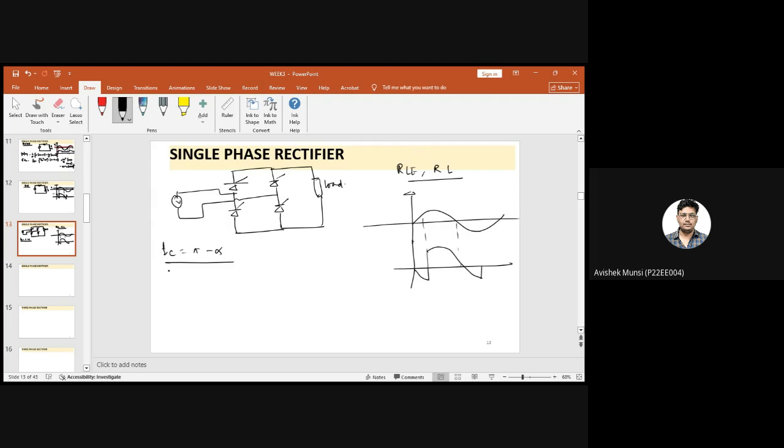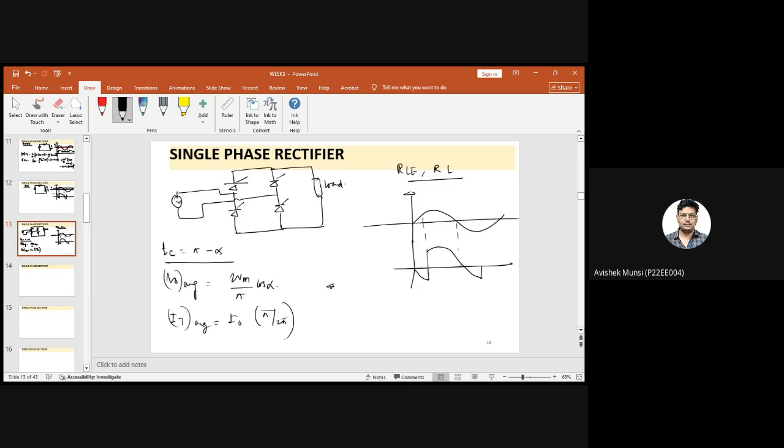Circuit turn-off time will be pi minus alpha by omega. My V0 average will be 2 Vm by pi cos alpha. Okay. And the average current across the thyristor will be I0 pi by 2 pi. This is a simple process to calculate.